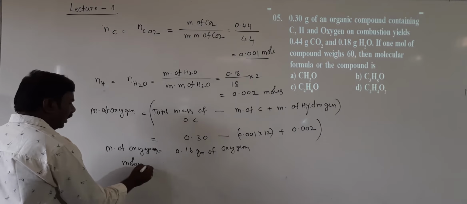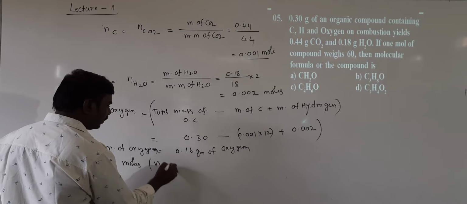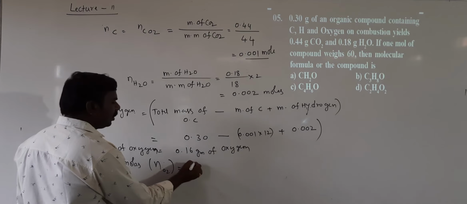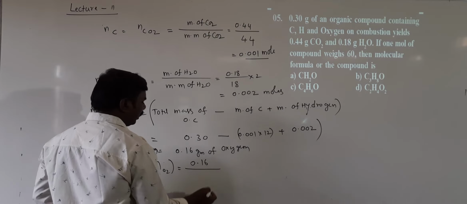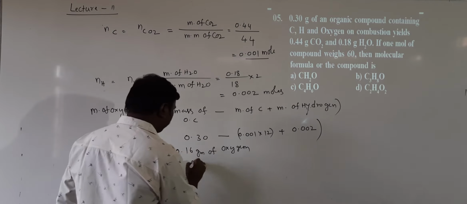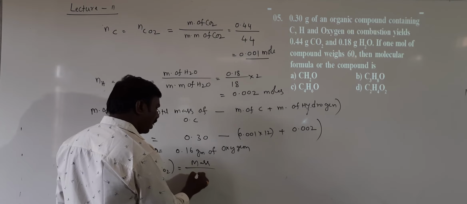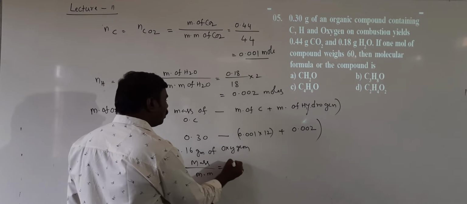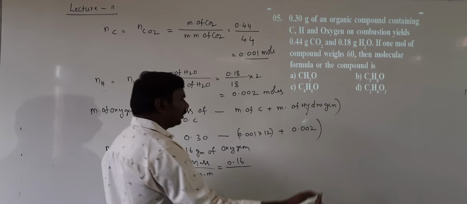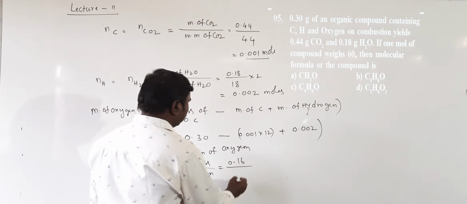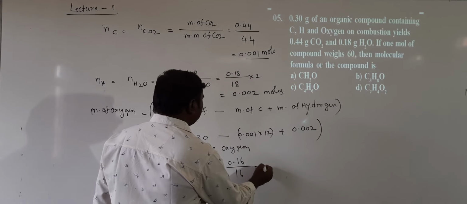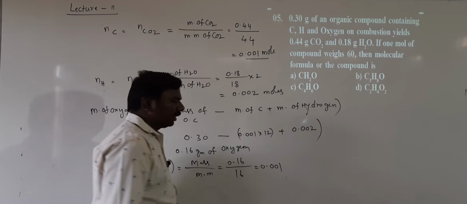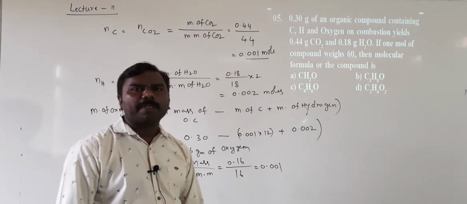Moles: number of moles of oxygen equals 0.16 by, the formula is mass by molar mass, so for oxygen 16, that is 0.001. Okay.